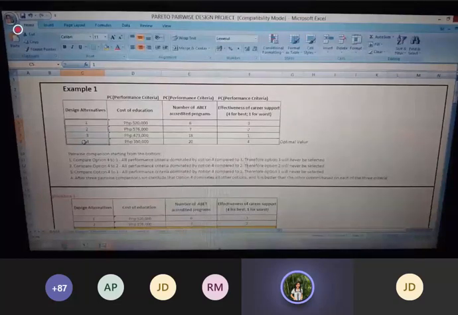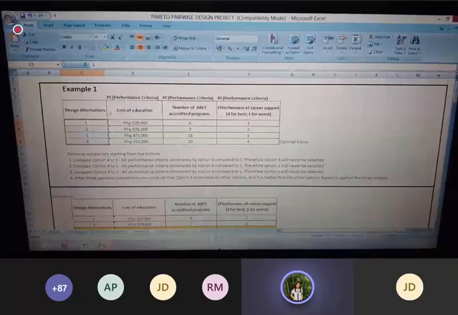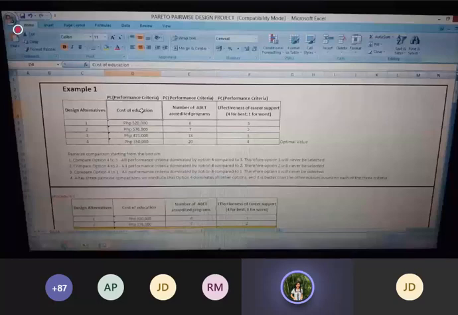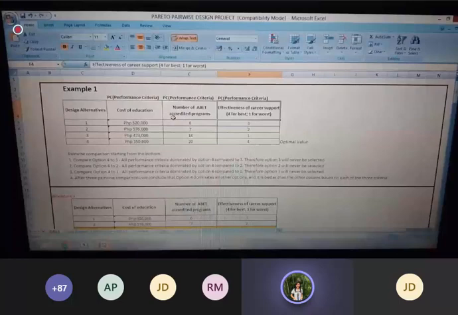Then those design alternatives are subjected to each performance criteria, criteria number 1, 2, and 3. So we have cost of education, number of ABET accredited programs, and effectiveness of career support, in which 4 is the best and 1 is the worst.